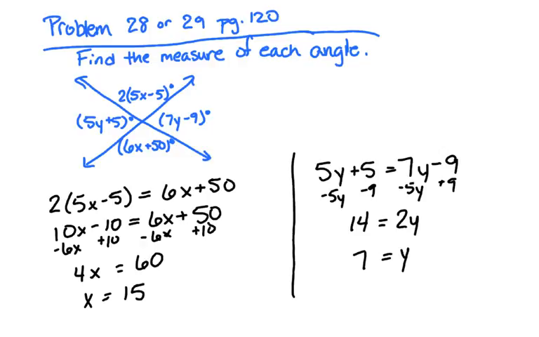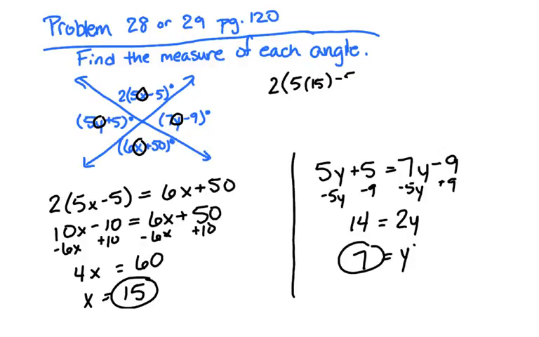So whenever we get x and then y, what we're going to do is take our numbers that were given and plug them in for our x values and our y values in our equation. And what you're going to end up getting is this right here. I'm going to say 2 times (15 minus 5).